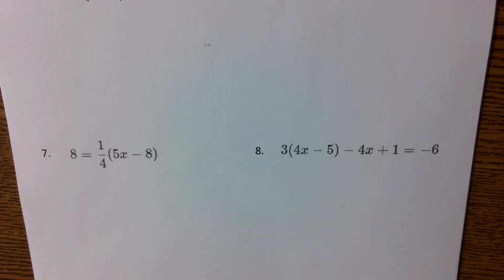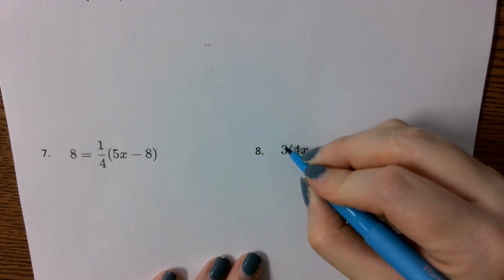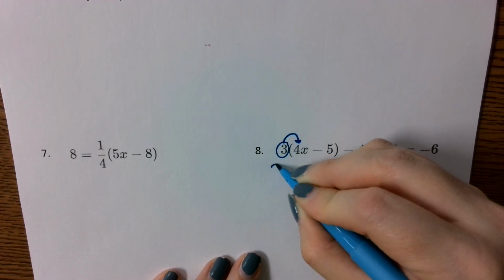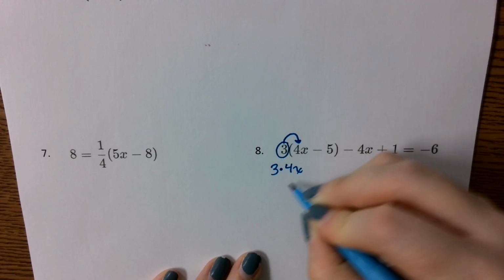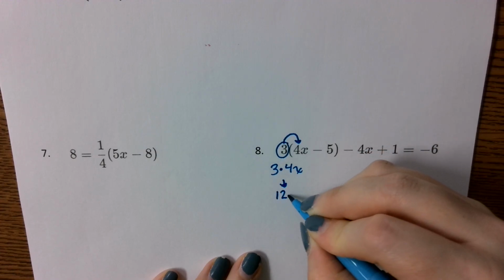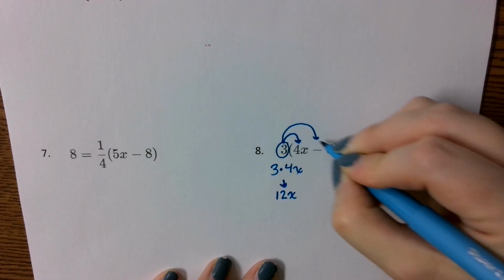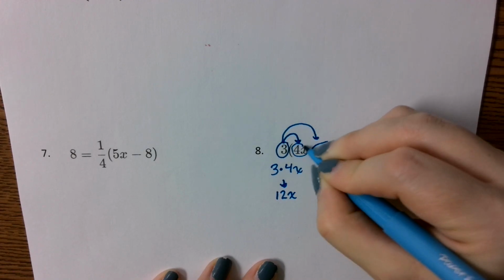Taking a look at number 8, what do I need to do first? Distribute, right? We do see distributive property here. We've got those parentheses. So we are going to focus on doing 3 times 4x, which is going to give us 12x. And then we're also going to multiply 3 times negative 5.